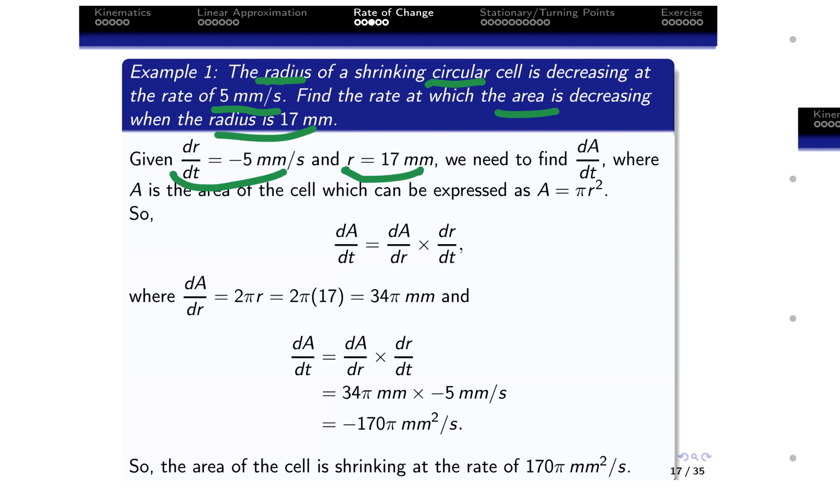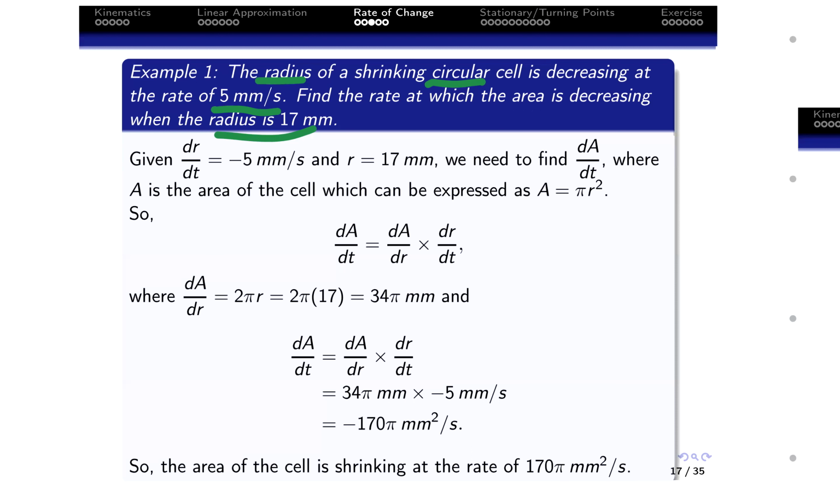We need to find dA/dt, where A is the area of the cell. You already know you are talking about a circle, so the area of a circle is pi r squared. So dr/dt is minus 5 millimeter per second because that's the rate at which the radius is changing. Then you want to find dA/dt when the radius is 17 millimeters. So what brings all this together is the fact that you're talking about a circle.